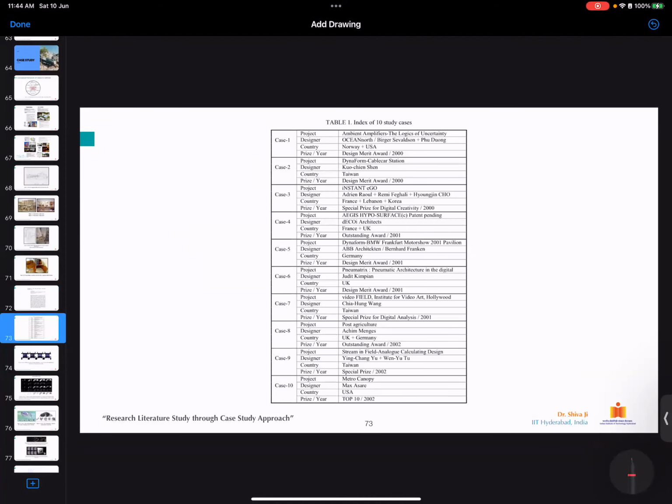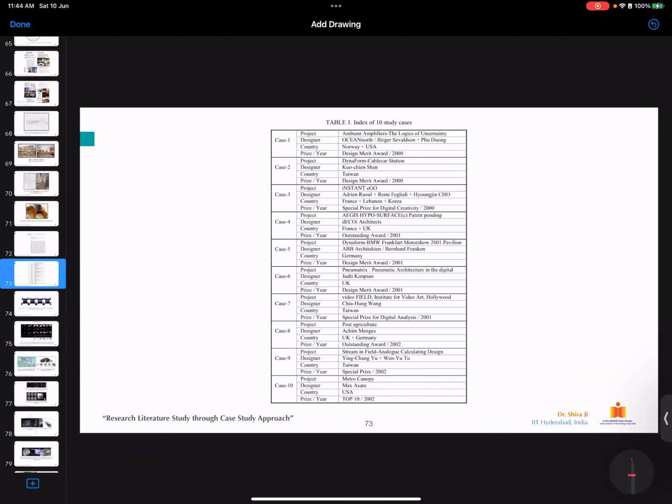For that there are a number of case examples I have referred to for this presentation. Here you can see there are 10 cases of different designers, different architects from different places.